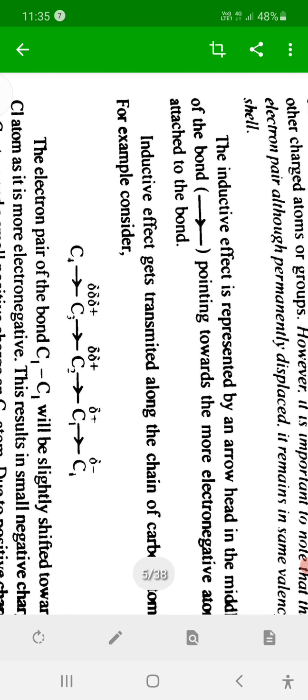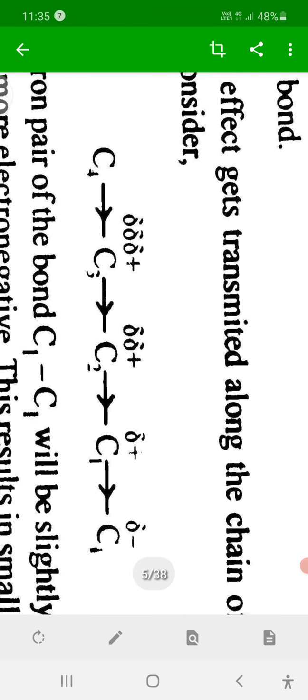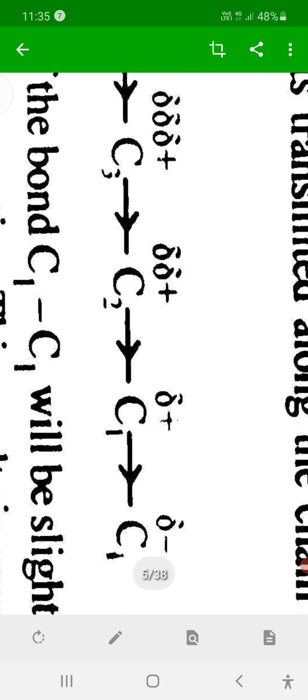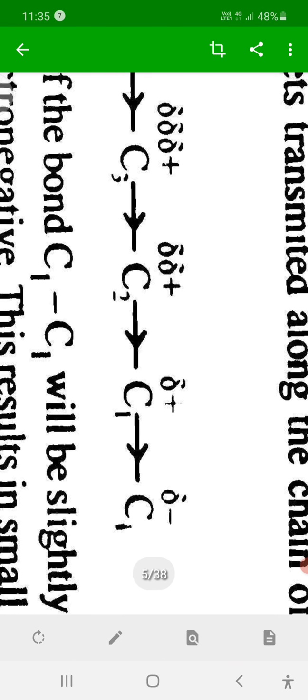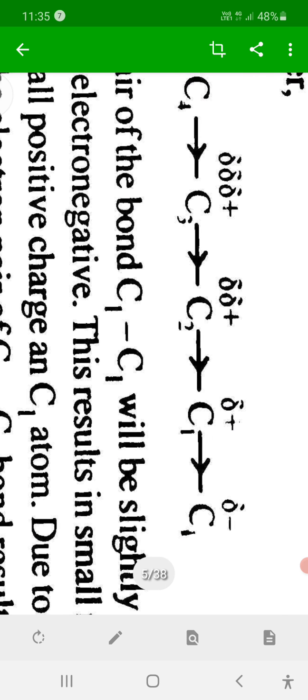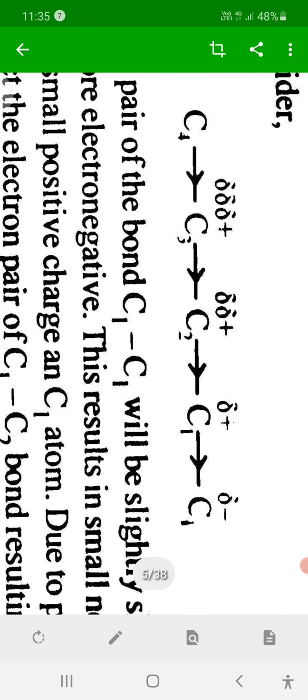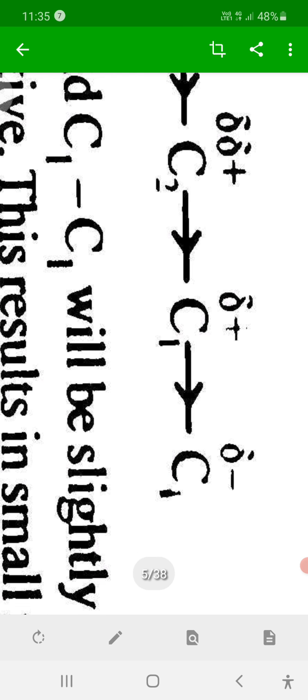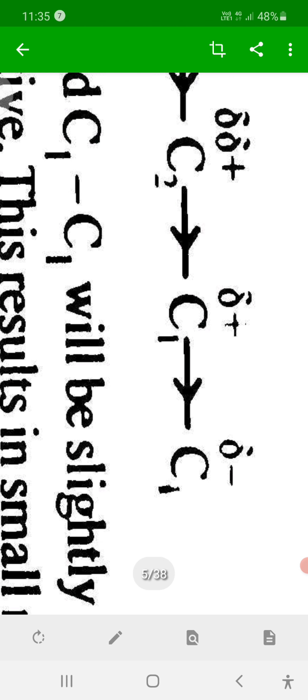And if a chain length is there, in that carbon chain, if the atom on C1 is more electronegative, consider it is Cl. Actually this is a mistake here, that must be X, that is Cl, Br, as like that, a more electronegative atom.